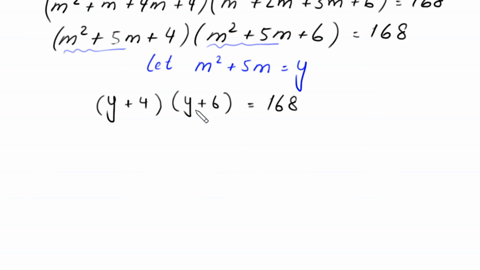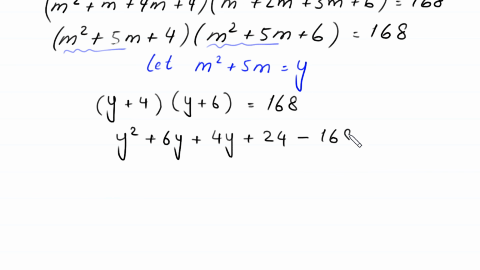In this y times y, y squared, y times 6 plus 6y, and 4 times y plus 4y, 4 times 6 plus 24. Move this 168 to the left hand side, it will become negative 168 is equal to 0.